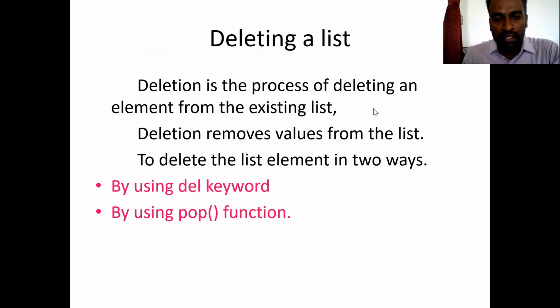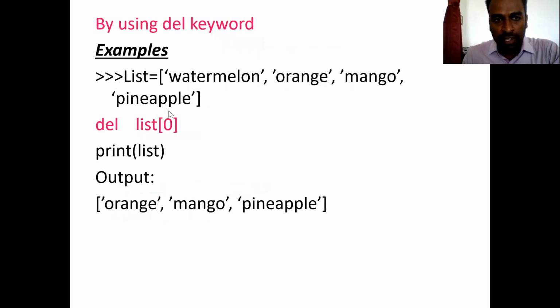How to delete from a list? We want to delete an existing element in the list with the help of the del keyword. Deletion removes values from the list, and we can also remove list elements by using the del keyword and the pop function. By using the del keyword, we have an example list equal to some elements.